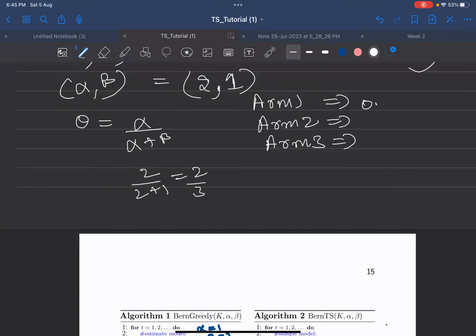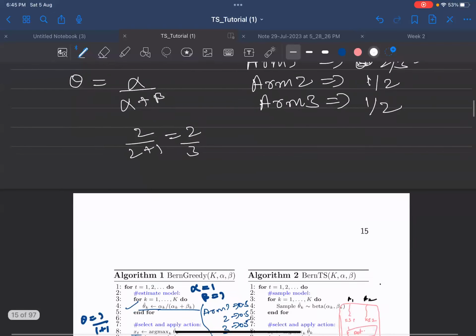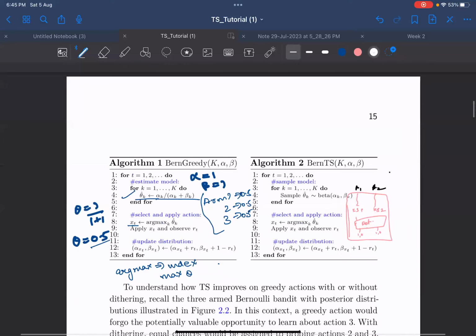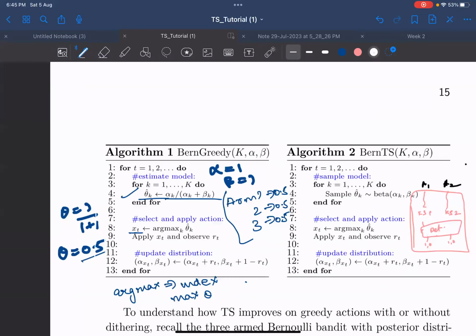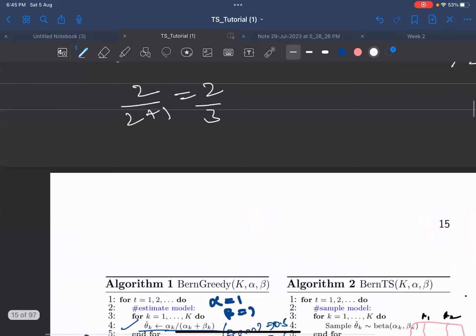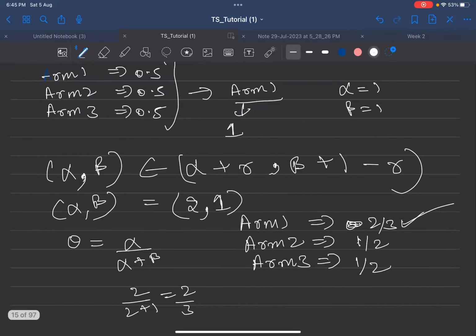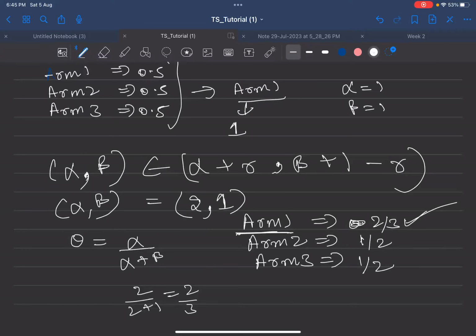Arm 2 is basically 1 by 2, and this is also 1 by 2. So it's like 0.6 something. So we'll select the argmax, then we'll select this theta basically. This is how this algorithm is working. This is a greedy algorithm. And obviously if the probability of this is greater, then now it will always choose arm 1. It will not choose arm 2 or arm 3.